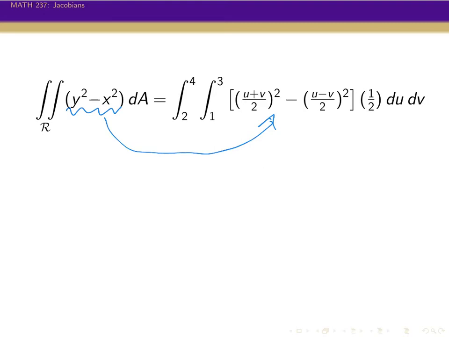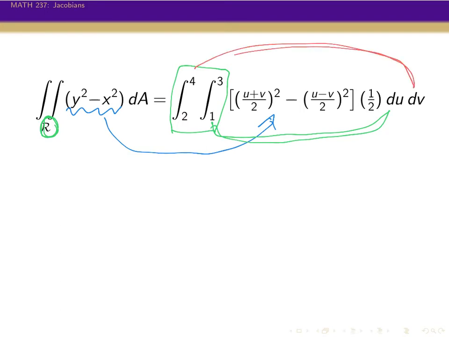Our bounds r turn into these nice bounds in terms of u and v, where our u's are going from 1 to 3, our v's are going from 2 to 4. And then last but not least, accounting for area, we had to multiply du dv by 1/2.